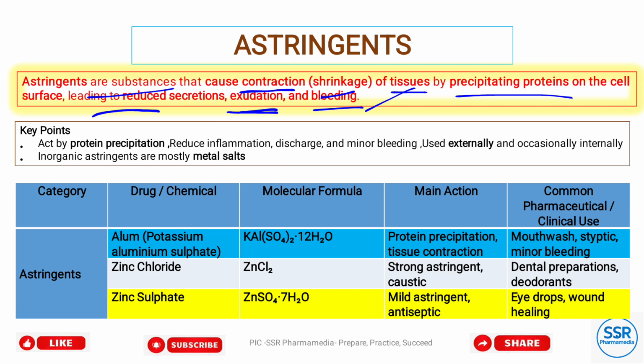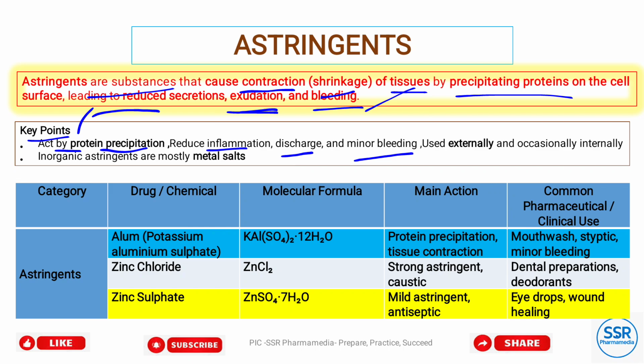The key point we have to consider is the mechanism: astringents act by protein precipitation. That is how it acts on the surface of the skin, reducing inflammation, discharges and minor bleeding.